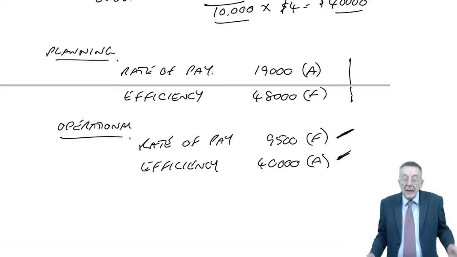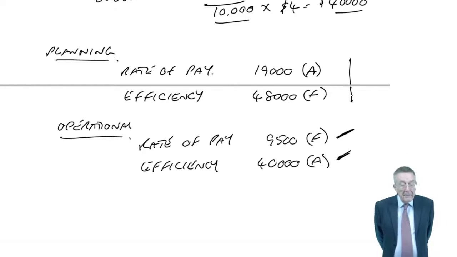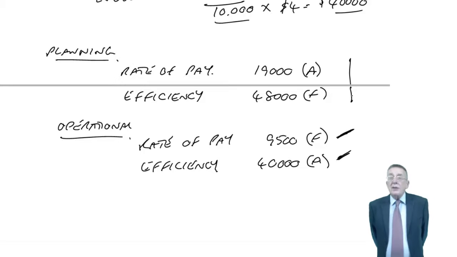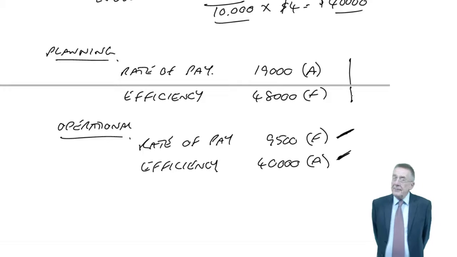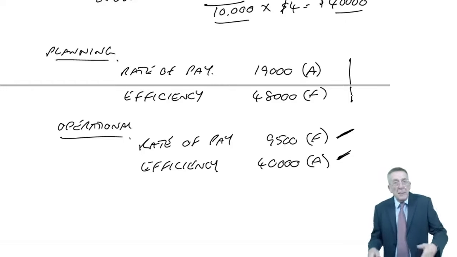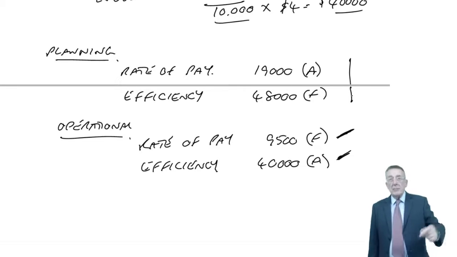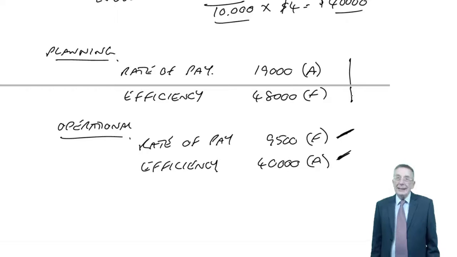But the other reason is this. Maybe we didn't need to increase the rate of pay, but we've decided we'll increase it to try and get them to work faster. Suppose that was the reason here. So we've changed our plans. We'll give everybody more money because they'll then work faster and save us money as a result.